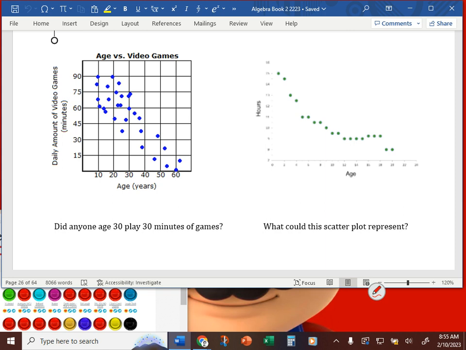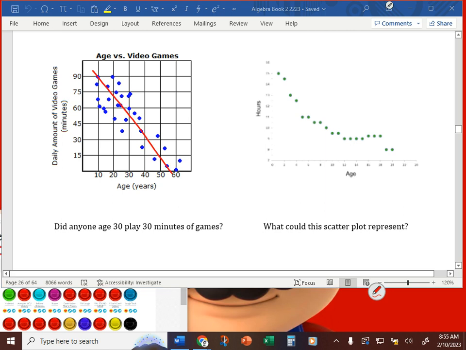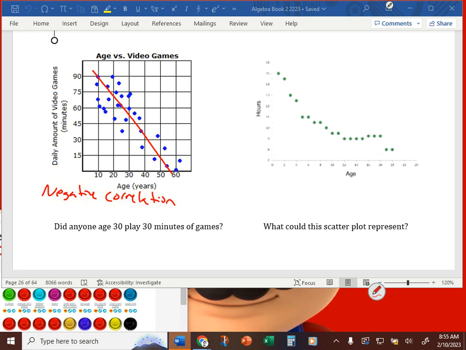And what type of correlation does this have? Negative correlation, which means that as X increases, as a person increases in age, Y will decrease. The amount of time they spend playing video games daily goes down, which makes sense, right?